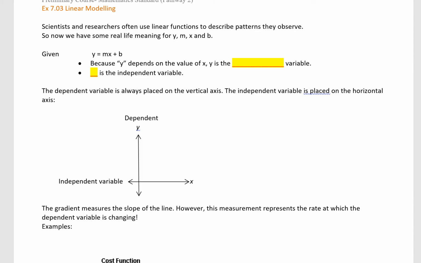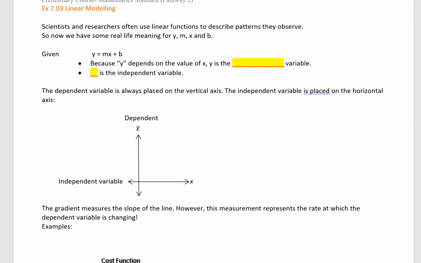So you're going to be asked questions like, what does the gradient represent? Now, that is a different question to what is the gradient. If you're asked to find the gradient, then you're giving a number answer.